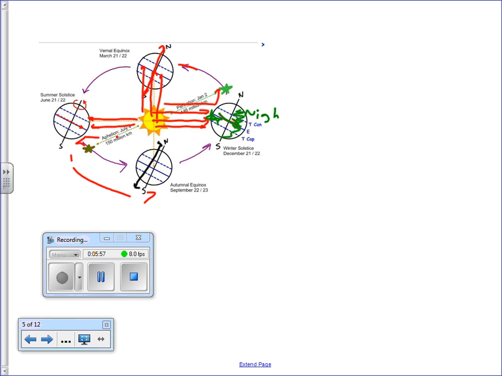This is not a picture from the book, but so this says winter solstice, but of course to say winter, you have to say that it's winter in the northern hemisphere. And so then we have spring, summer, fall. Does that kind of make sense?